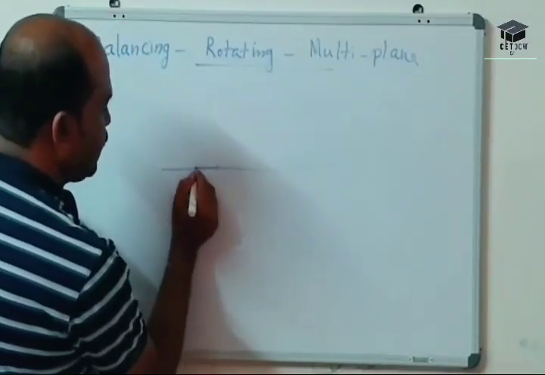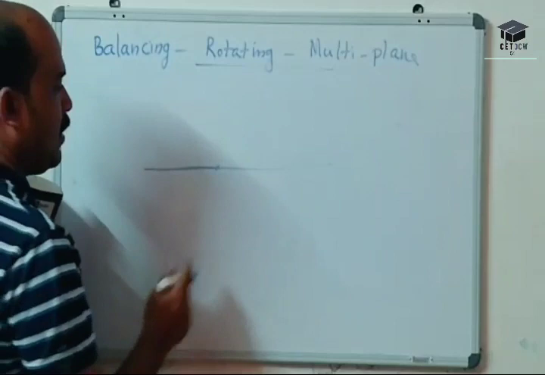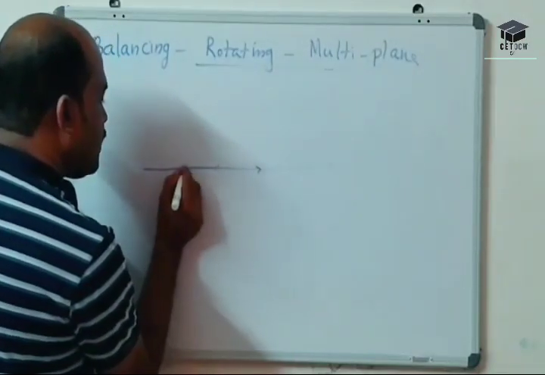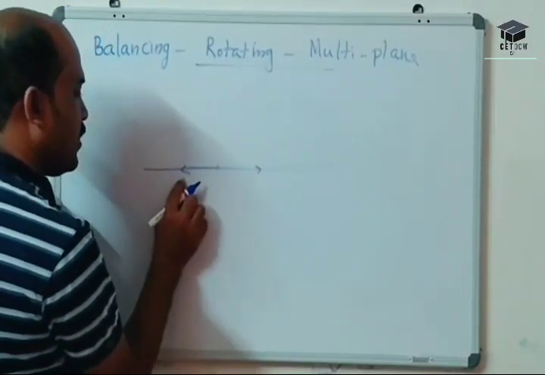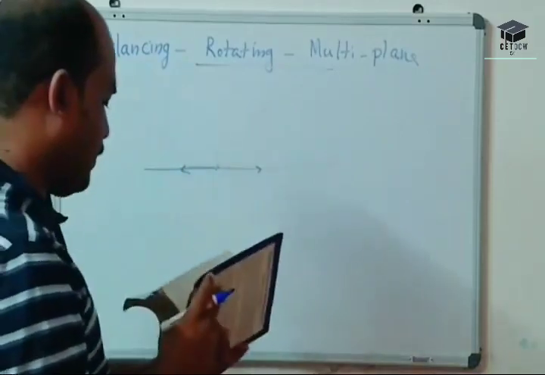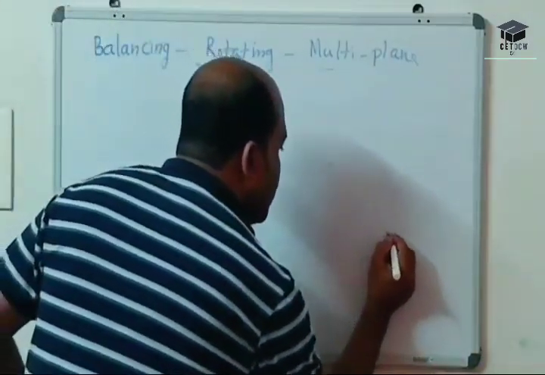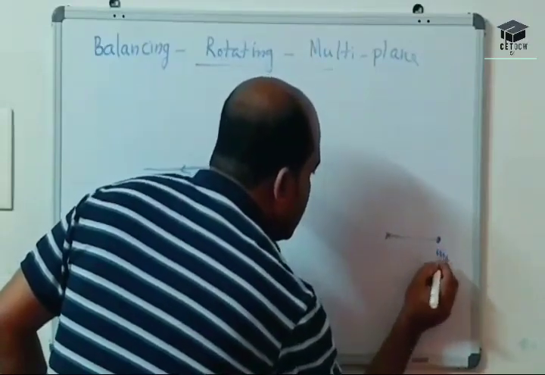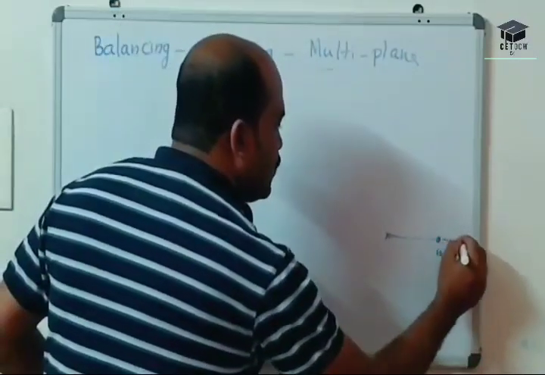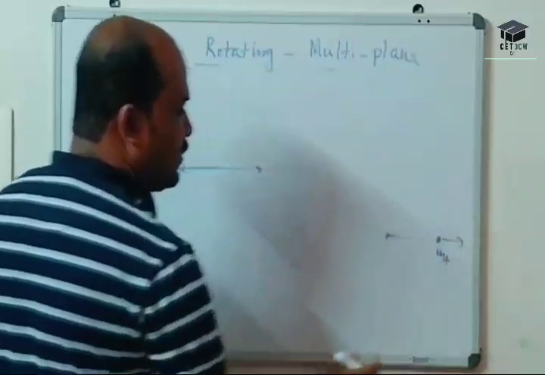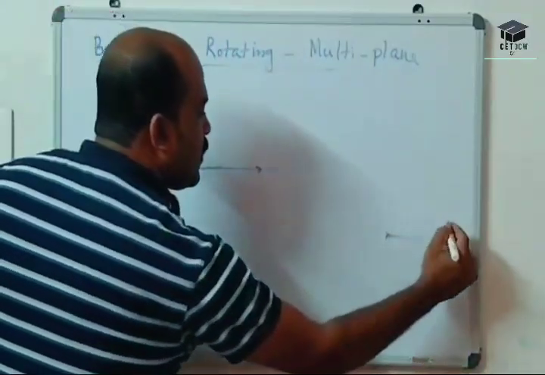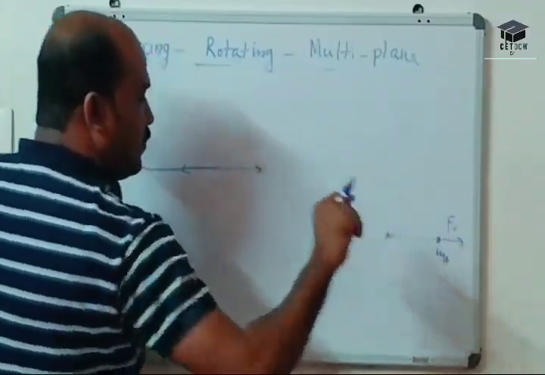Here the angle is 0 degree. That's why it is horizontal. Now you can draw either in this direction or this direction. In the space diagram, the mass is like this, so the force is radially outward. The direction of FC is this, towards the right.